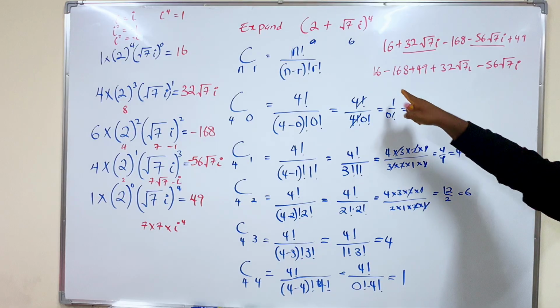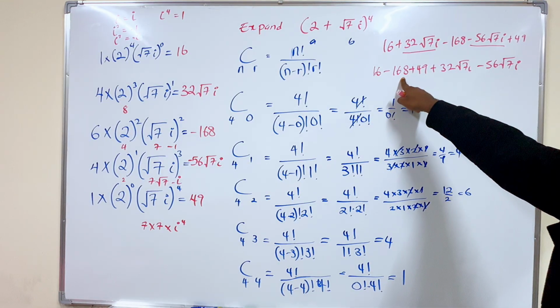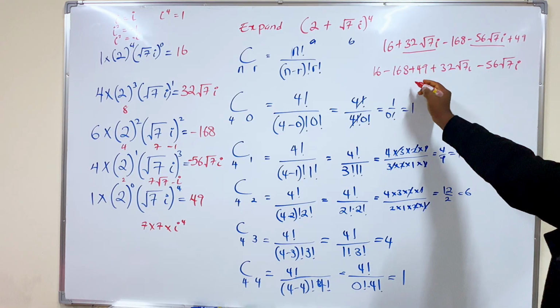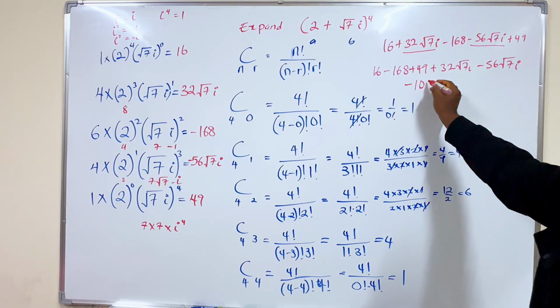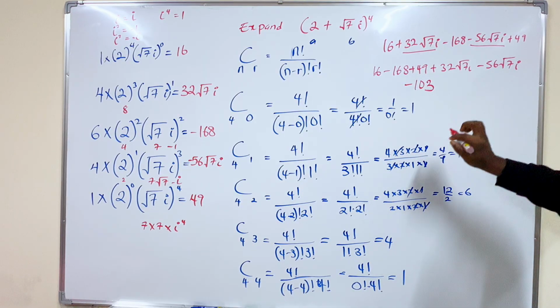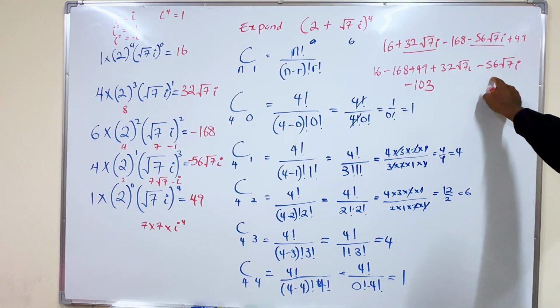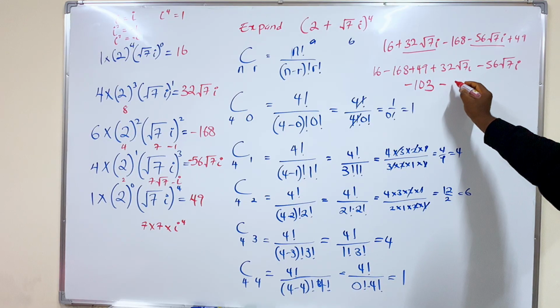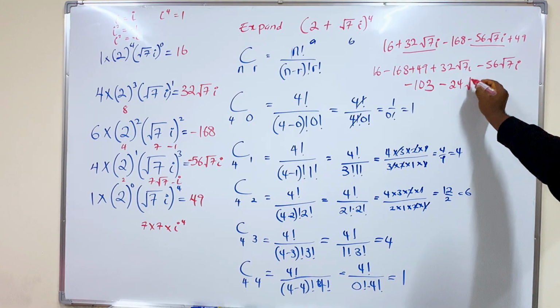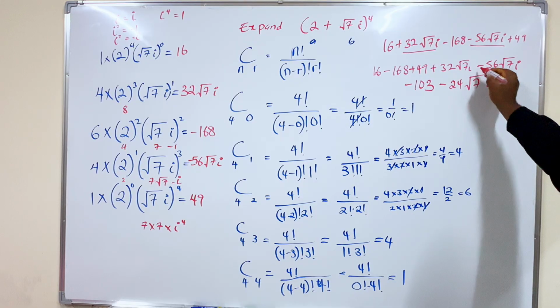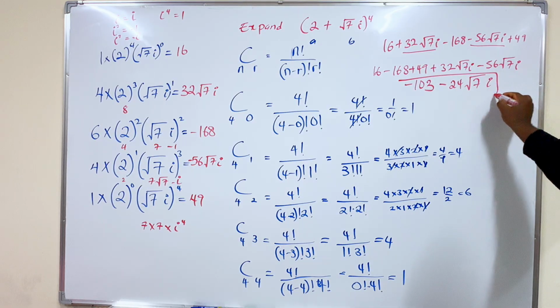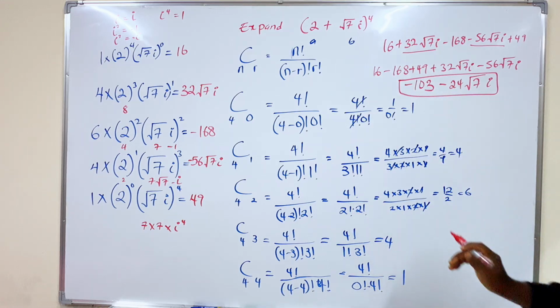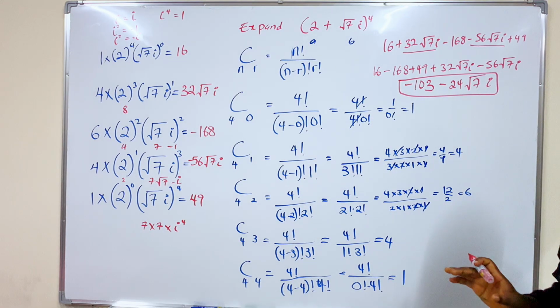Okay, so 16 minus 168 will give you negative 152. Negative 152 plus 49 will give you negative 103. Okay, so that is the real part. So 32 minus 56 will give you negative 24 square root of 7i. So that is, if we expand this complex binomial, this is what we are going to get.